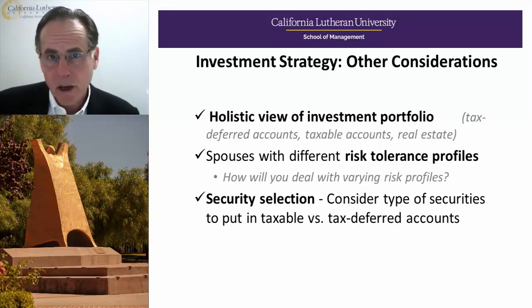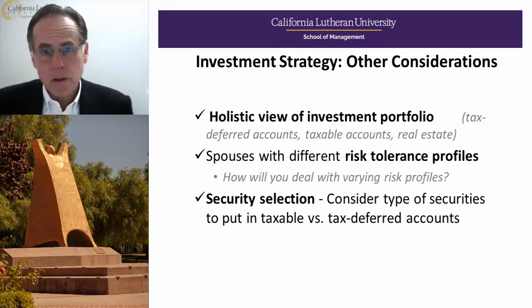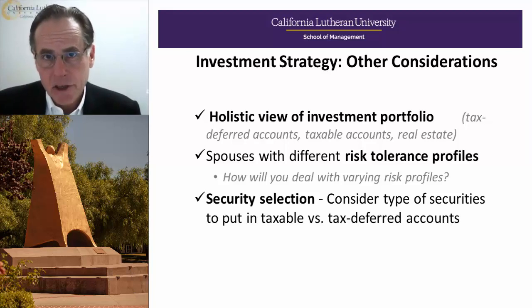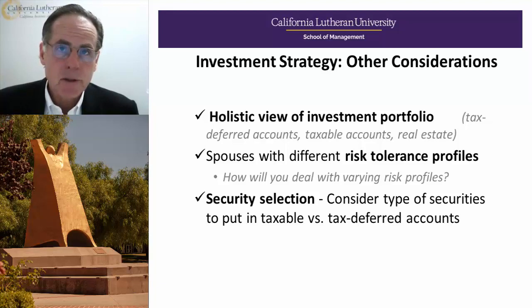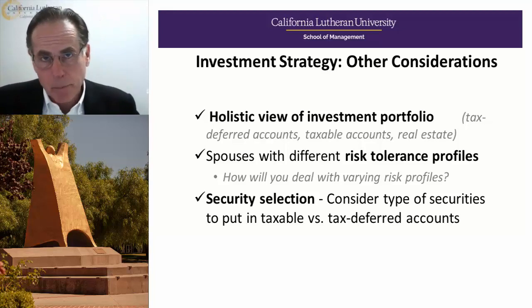In working with couples, you're going to run into the situation where spouses have different risk tolerance profiles. You need to decide how are you going to deal with those varying risk profiles. Are you going to keep separate portfolios? Are you going to blend with a mix which represents perhaps an average or a balance between the two?